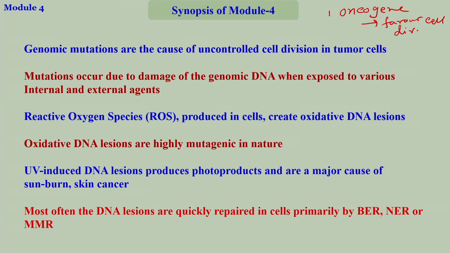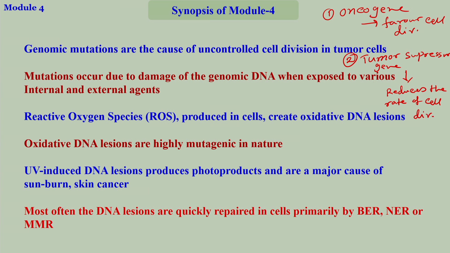And there is a second gene known as the tumor suppressor gene, that actually reduces the rate or the speed of cell division.